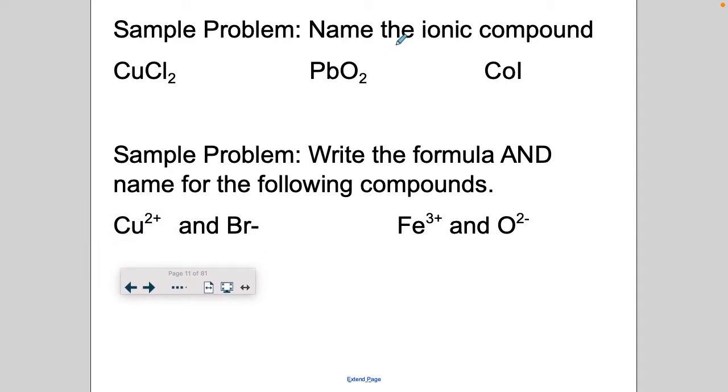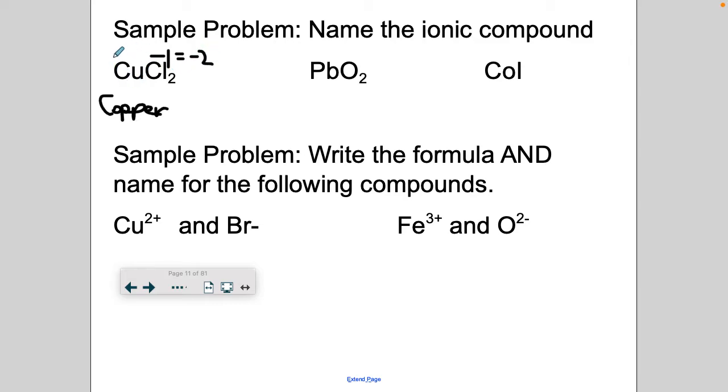Okay, name the ionic compounds. So copper is in that D block, right? So I'm going to say copper, but it's in that D block, which means I'm probably going to need a Roman numeral because copper can be +2 as well. Well, you're like, well, how do I know the charge of it? Well, take a look at the anion. Here I have chlorine, and chlorine's a -1, but I have 2 of them, right, for an overall -2 charge.